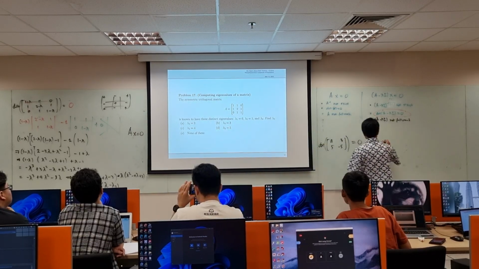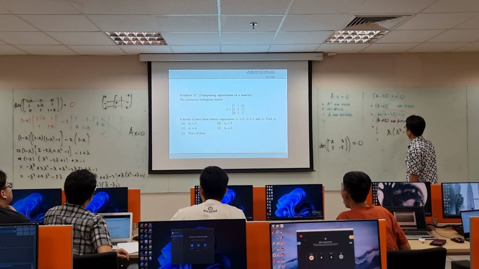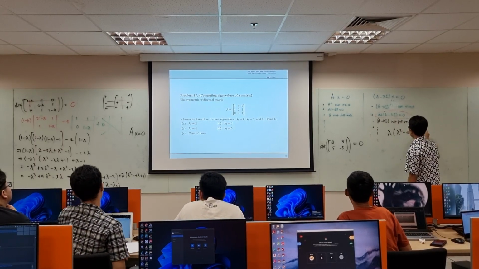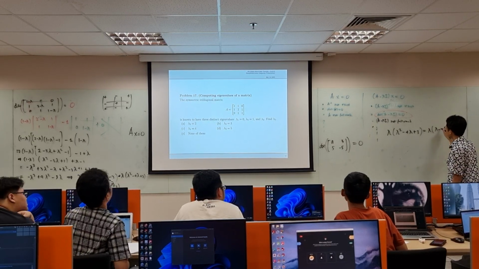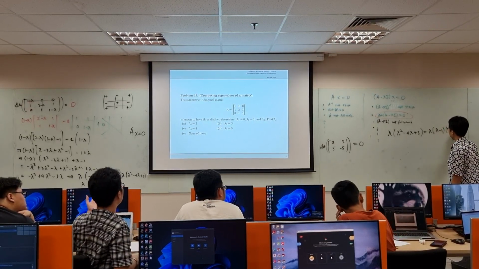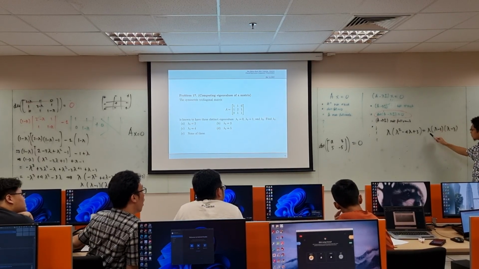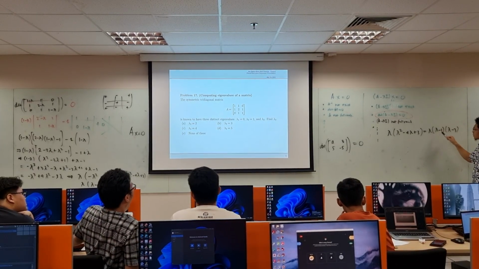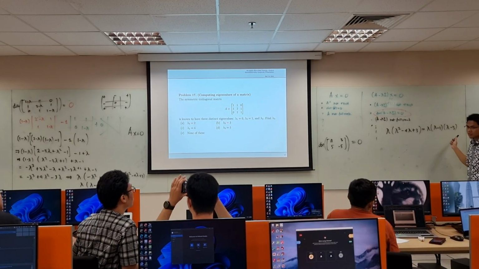So the equation becomes lambda square minus 4 lambda plus 3, and this is equal to lambda minus 1 times lambda minus 3. Because we know that the first lambda is 0, this is 1, right? What's the next one? It is 3.